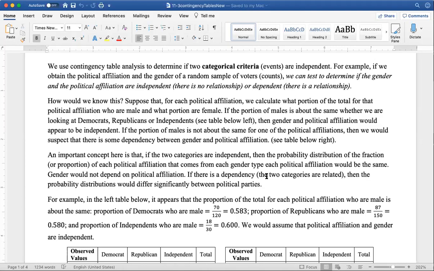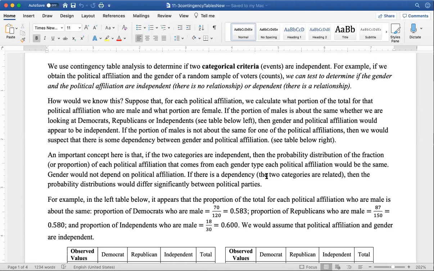In other words, looking just at the male proportions of each of the political affiliations, if they are related, then those proportions would be different. Let's say that when they were independent, those proportions were about 50%: 50% of Democrats were male, 50% of Republicans are male, 50% of independents are male.